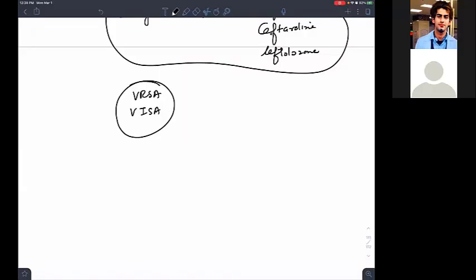Who is responsible for VRSA, VISA? It is the VanA gene. It is happening through which mechanism of genetics? Horizontal conjugal transfer. Take two bacteria: Enterococcus faecalis is giving the VanA gene to the Staph aureus.